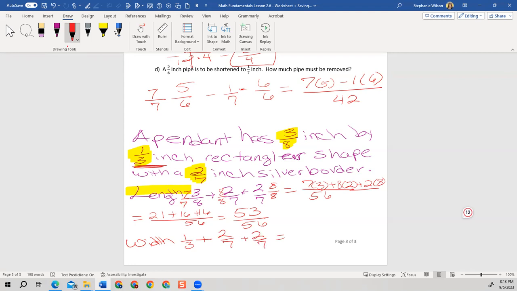I have 3 and 7 in the denominators, so I'm going to multiply this 1/3 by 7/7, and then the 2/7 by 3/3, so we can get the least common multiple. So now I have 7 times 1 plus 3 times 2 plus 3 times 2, all over 21. So now we have 7 plus 6 plus 6, all over 21. And that gives me 19/21. And that is my answer.